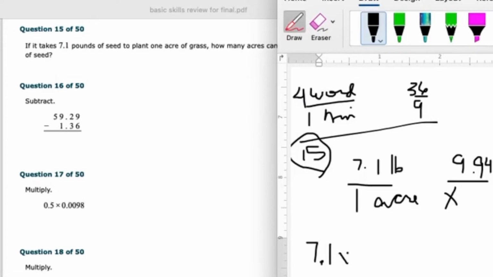And 9.94 times 1. Okay, so now we have an equation.